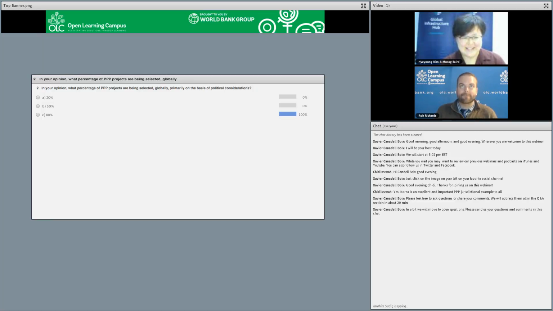It is interesting. I also think every infrastructure project, including PPP projects, is decided based on politically driven decisions. So that's why every country wants to make clear criteria for project selection.